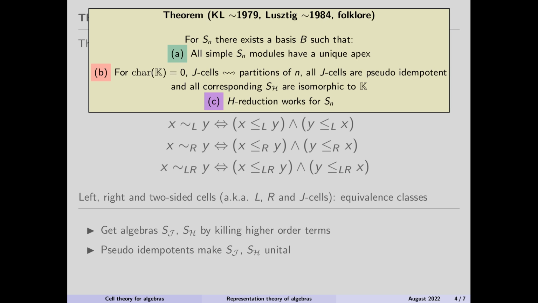That's one. So one simple module per cell. So we better hope that, working with complex numbers, those J cells, the two-sided ones, are indexed by partitions of n. So these guys are indexed by partitions of n.